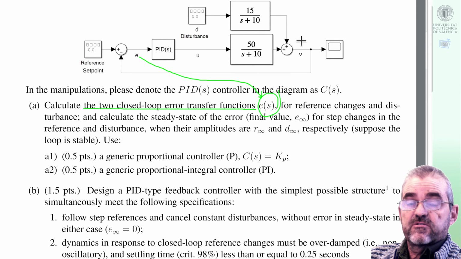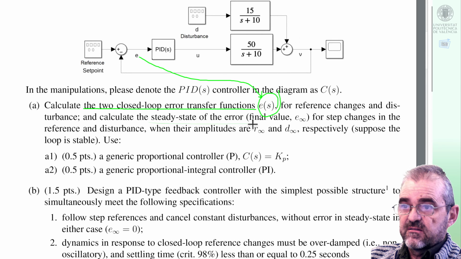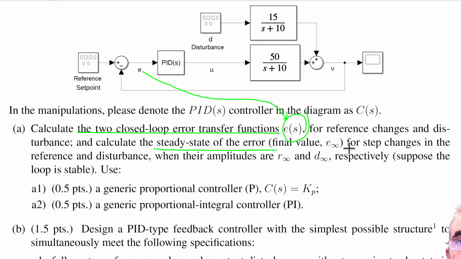Then it asks us to calculate the steady-state final value of the error when subject to step setpoint and disturbance increments, with some generic amplitudes indicated here. They ask me to do so for both a generic proportional controller and a generic proportional integral controller.